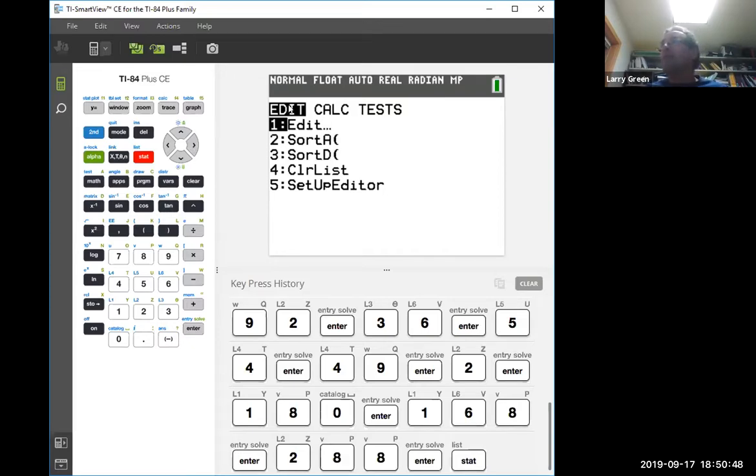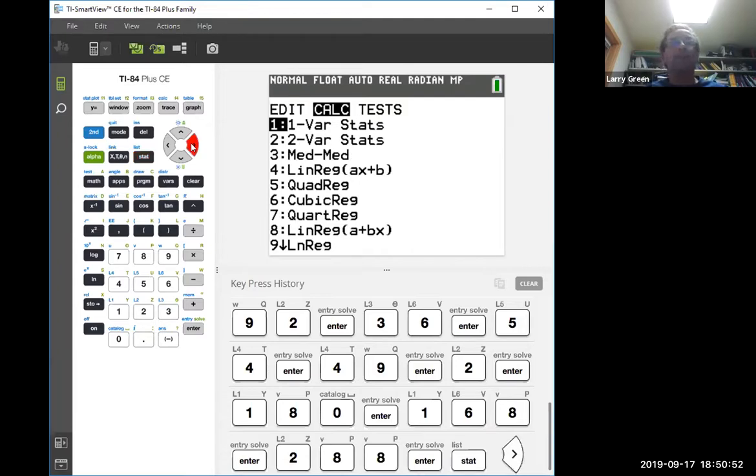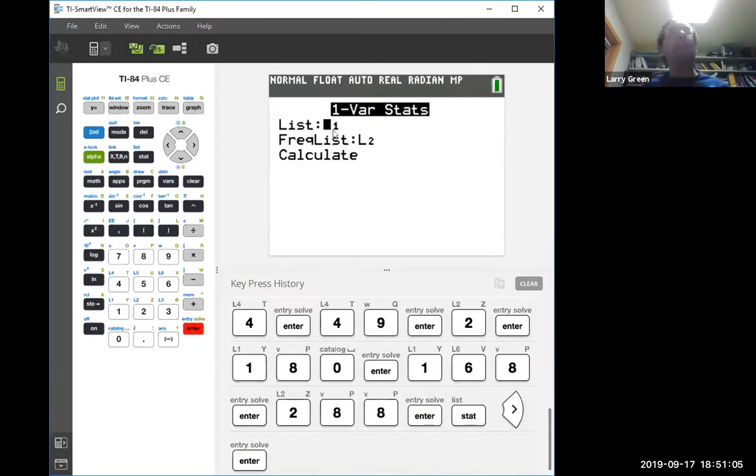Then I go to the right arrow to calc, and I want 1-Var Stats, because we only asked one survey question, so it's just one variable. I hit enter on that. My list is L1 because that was my first column. Freq list is none. And then enter on calculate.